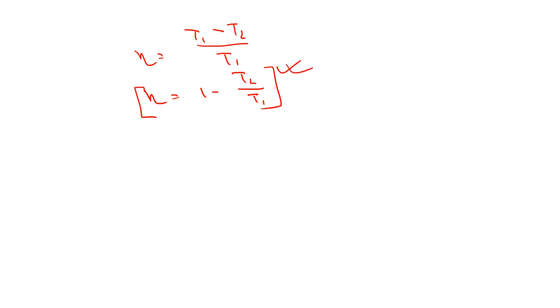So our next step is eta equal to T1 minus T2 by T1, because other terms are getting cancelled. So ultimately our eta equal to 1 minus T2 by T1. So this is the formula for efficiency.